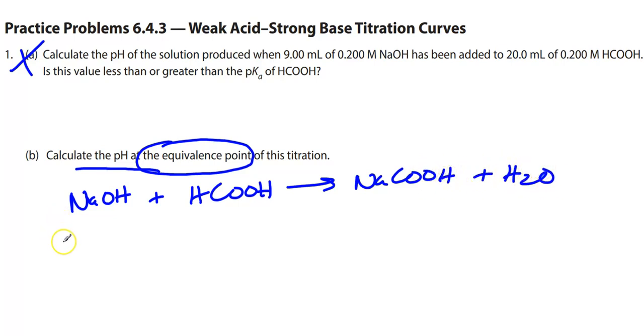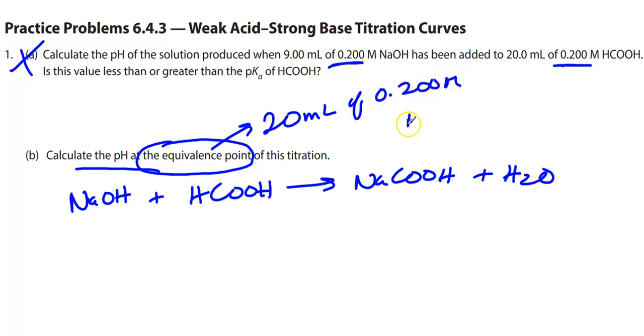Okay, so because we have equivalence point, the concentrations are the same. So what that means is you would be adding the same amount, right? So equivalence point would be 20 mL of the 0.200 moles per liter of NaOH, because the moles of your acid have to equal moles of your base. So because the concentration is the same, that means equal volumes, right?